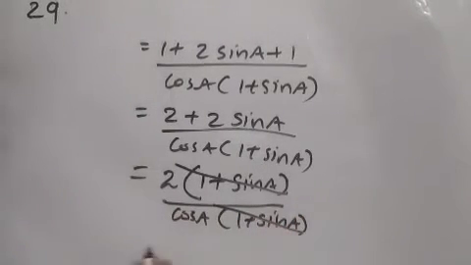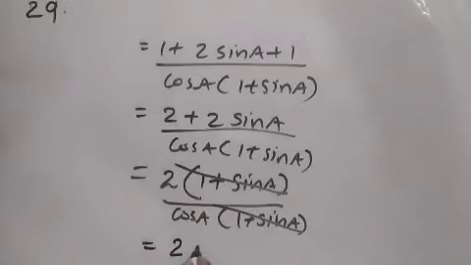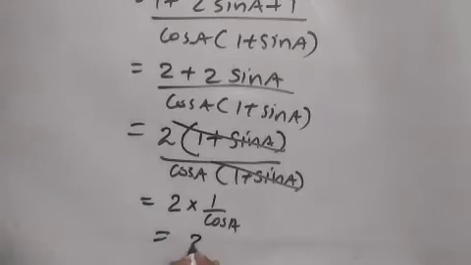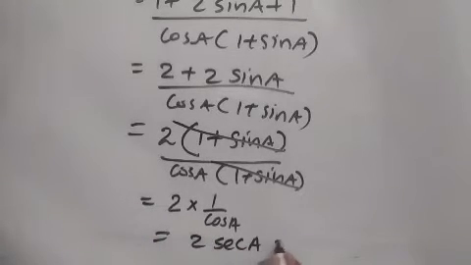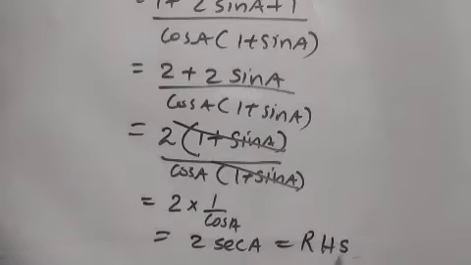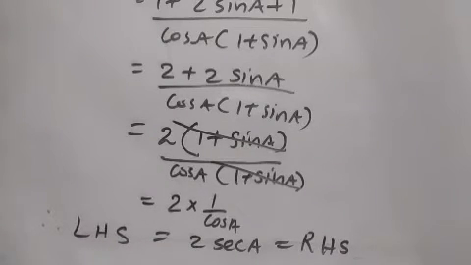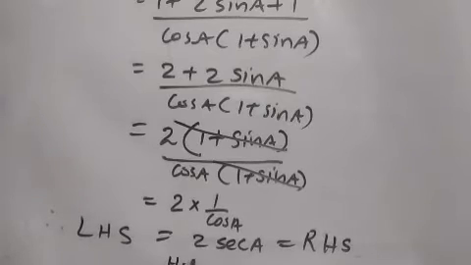We can cancel it out, that is 2 by cos A. That can be written as 2 into 1 by cos A. Can you say what is the reciprocal of cos A? Yes, it is sec A. 2 sec A. That is the RHS. So therefore we got LHS equal to RHS. Hence we proved.